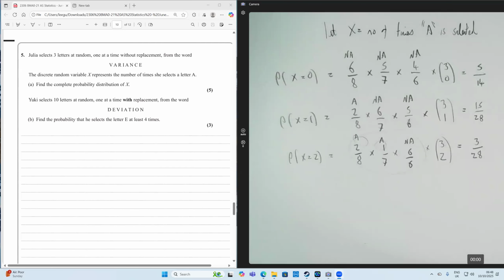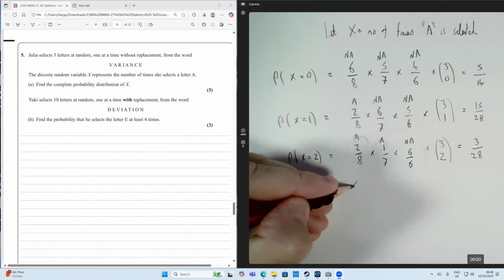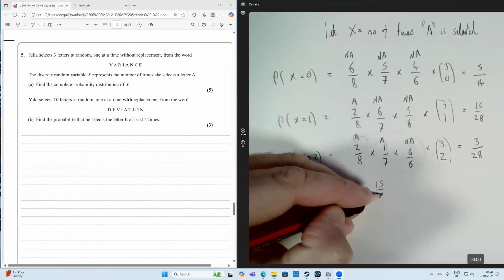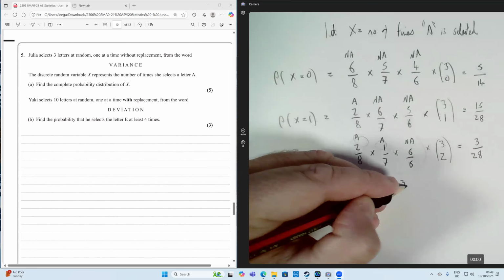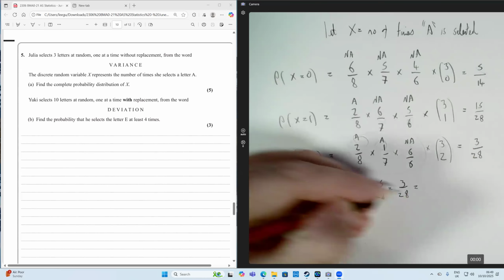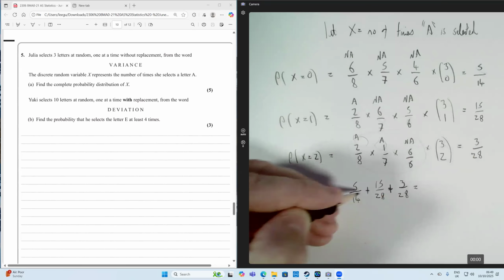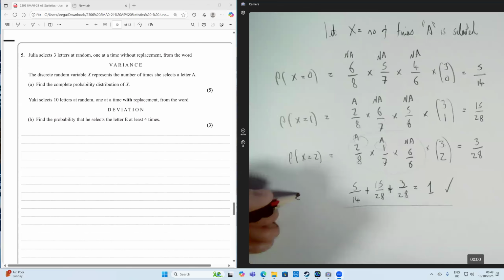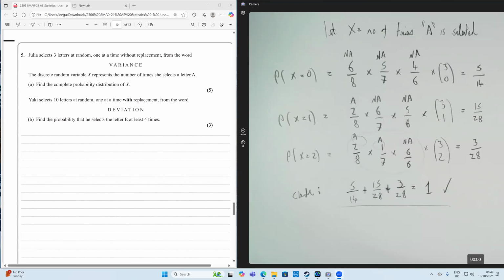Now if we are correct, we can do a little test here. You don't have to do this, but it's a quick check: if this is correct, all of these should add up to make 1. When we add them together, they do in fact add to make 1, which is really encouraging.